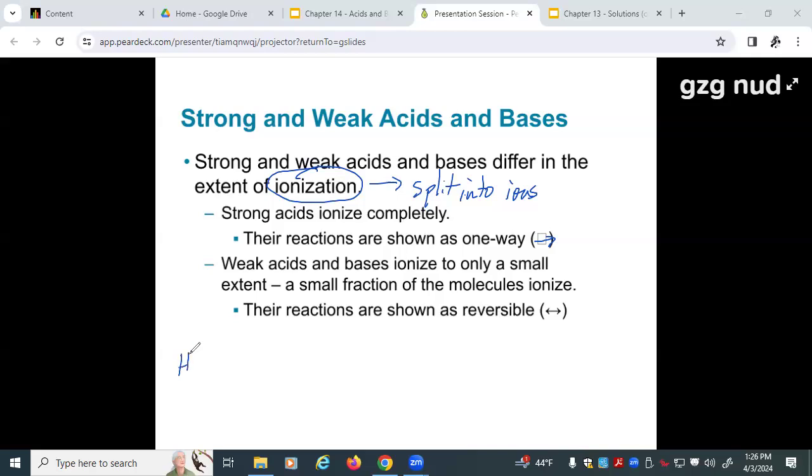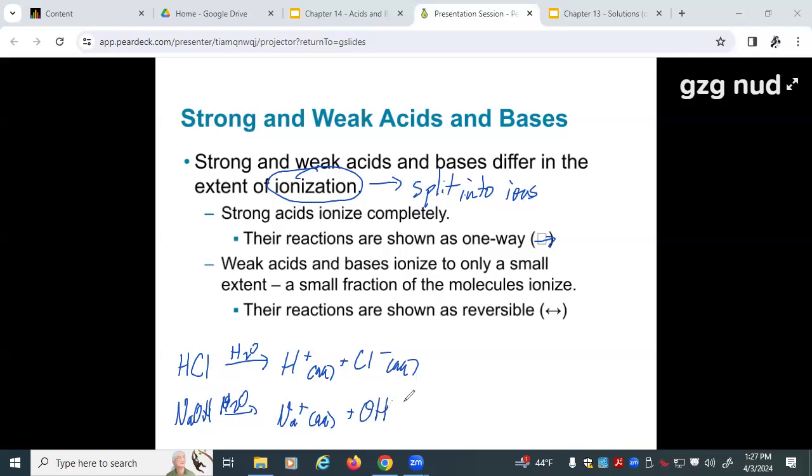So if I look at a strong acid like hydrochloric acid in water, I'm going to see it ionize completely into hydrogen ions and chloride ions as part of its reaction in forming a solution. Same thing with a strong base. A strong base is going to split up completely into its ions.